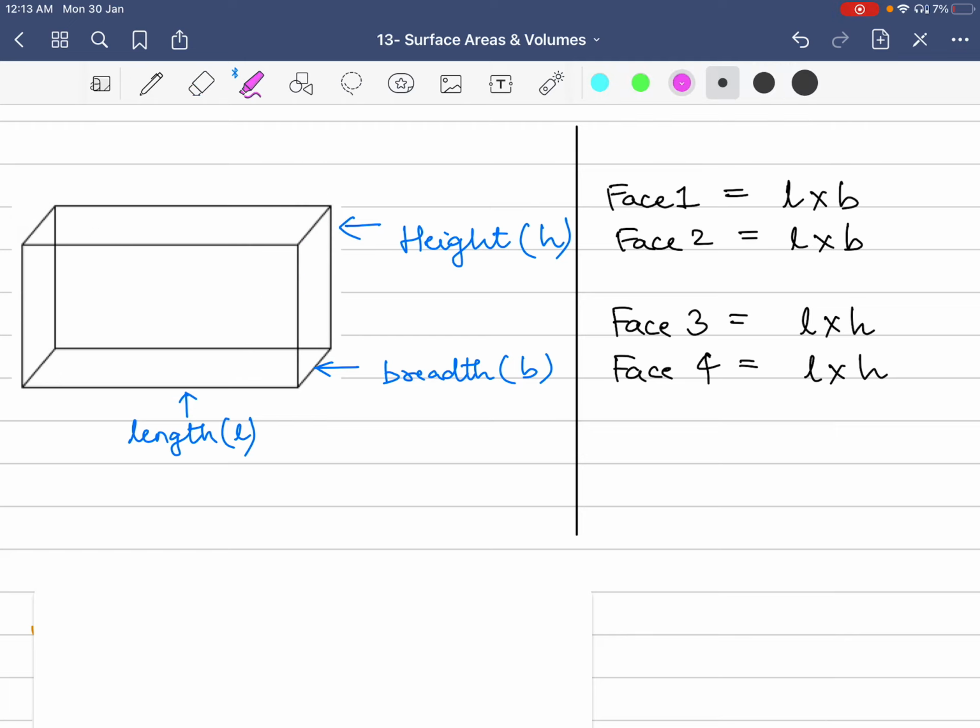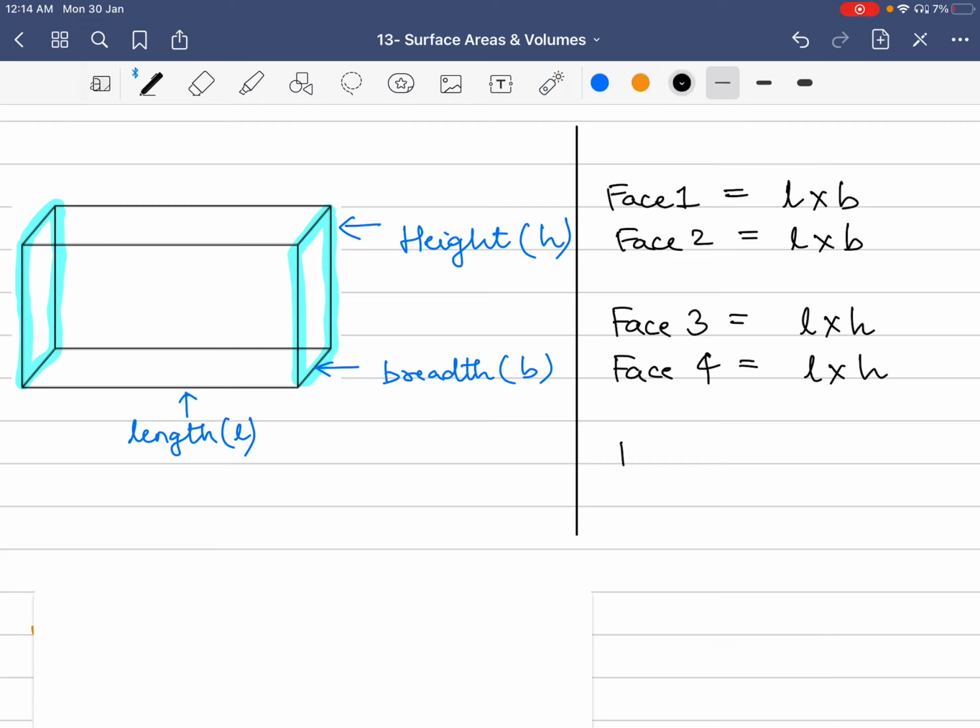And finally, the sixth face is this one, and this one. Now what is the area of this rectangle? The area of this rectangle is breadth into height, and the area of this rectangle is also this breadth into this height.